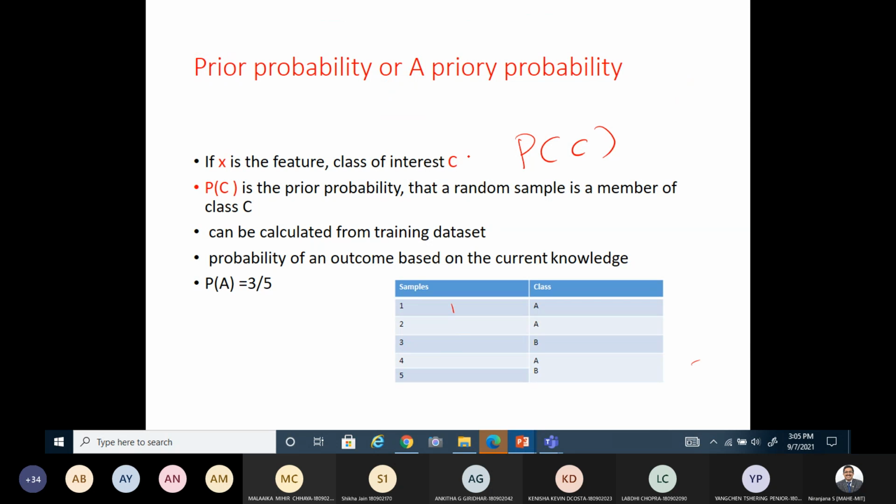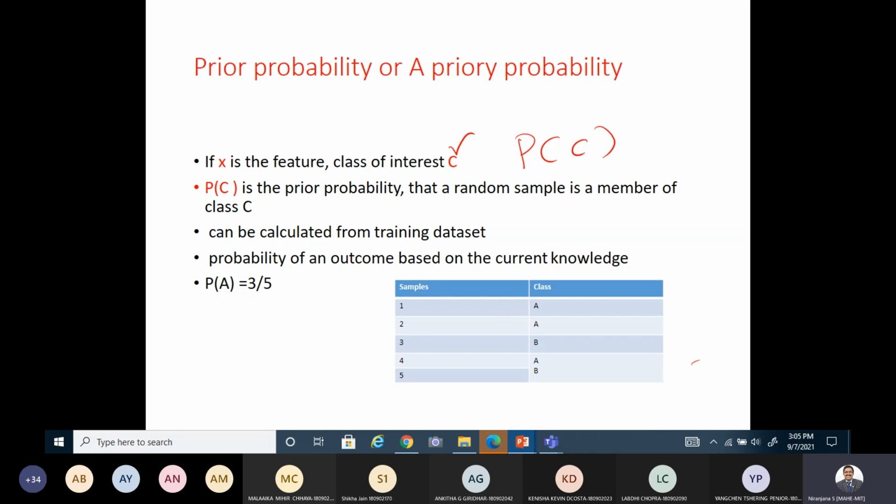Suppose the class of interest is C, such as A, then I can express its probability from the basic knowledge of the available data. This is generally possible when you have a number of occurrences, say with the training set or the available data.